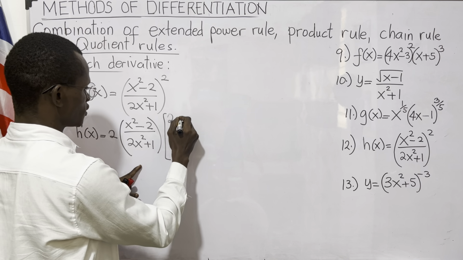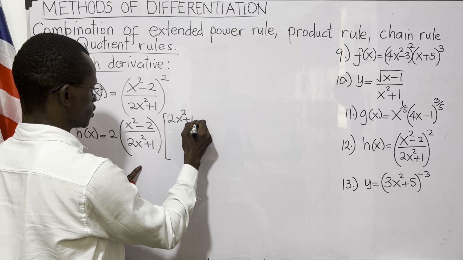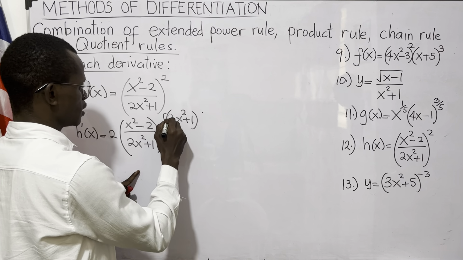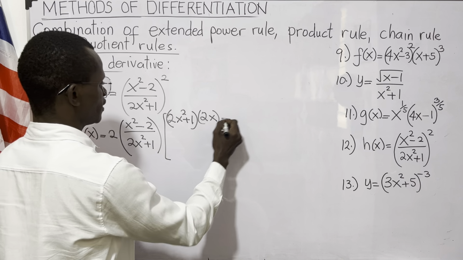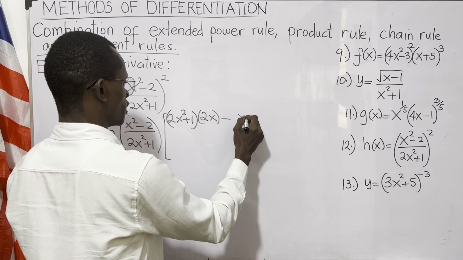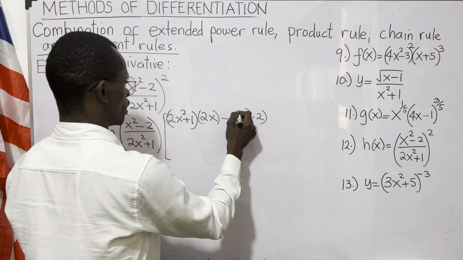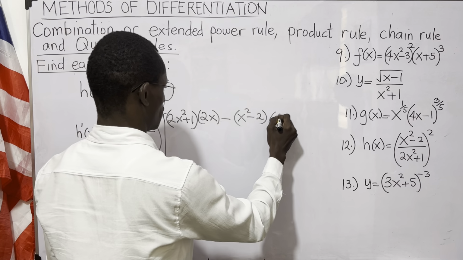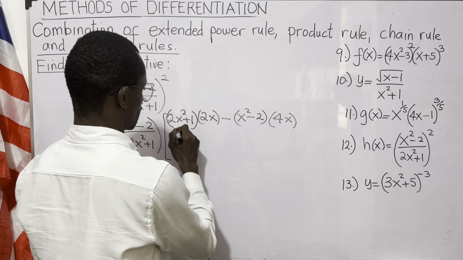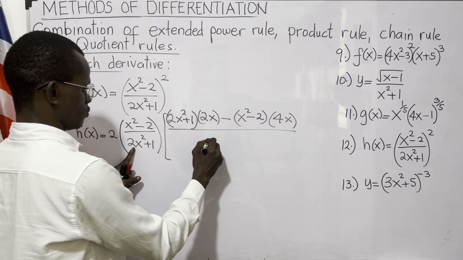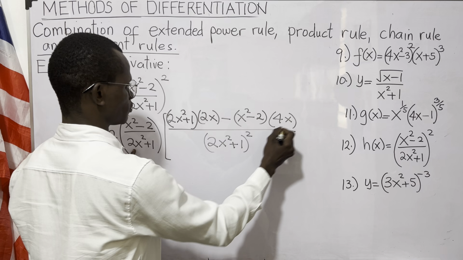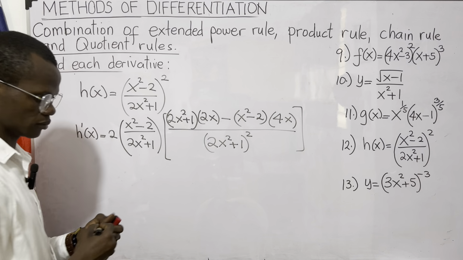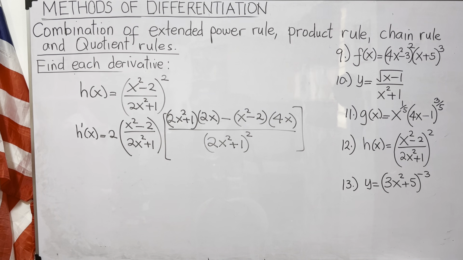So we hold the denominator, 2x squared plus 1, and we differentiate the numerator, which is just 2x. Minus, we hold the numerator, x squared minus 2, and we differentiate the denominator, 4x. Divided by, we rewrite this denominator, 2x squared plus 1, and we square it. That's how simple it is.